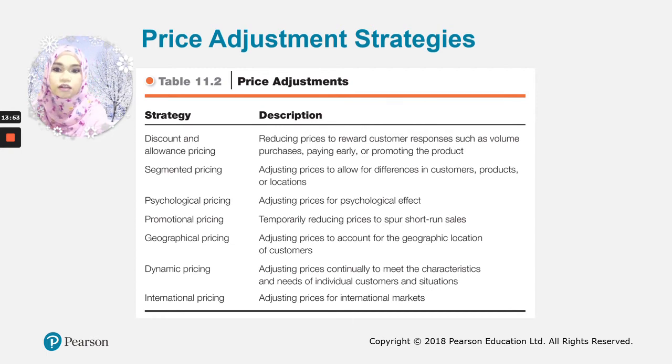Next is psychological pricing, adjusting the prices for psychological effect. How does it happen? It typically happens by using the 99, 89 kind of number. If I tell you the price is 10,000, it will be like, wow, it's so expensive.